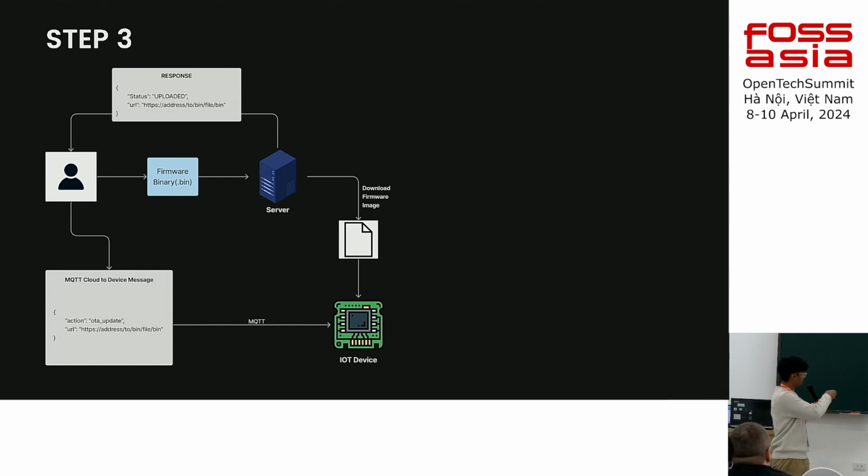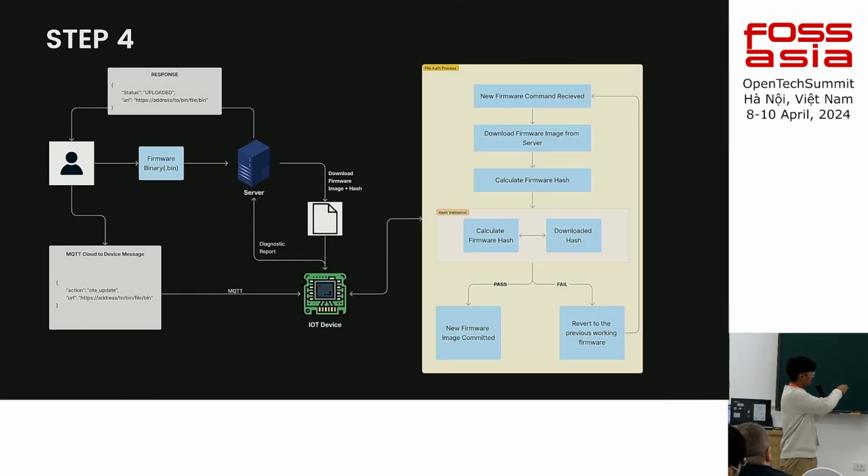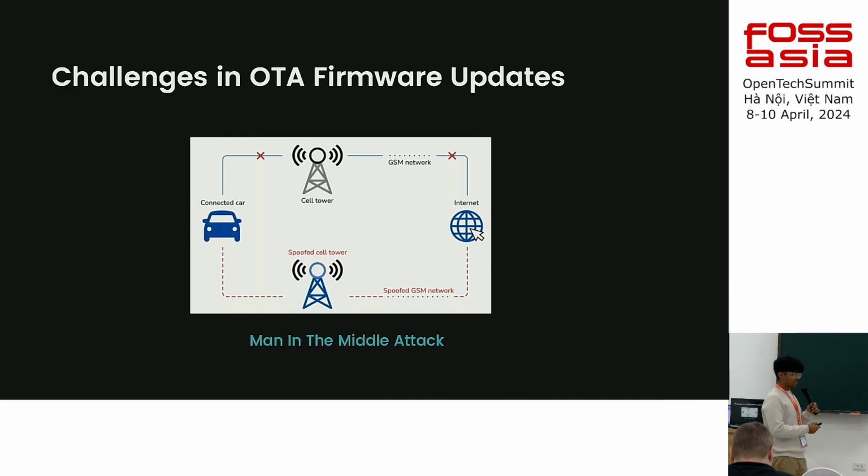The IoT device will pull the latest binary file, as well as the hash of that binary file, to validate that it is not malicious. It recalculates the hash by hashing the binary file, and then compares it to the hash that it got from the centralized server. If it is okay, it updates to the newer version, or else it rolls back to the old version. So there are a few challenges in this.